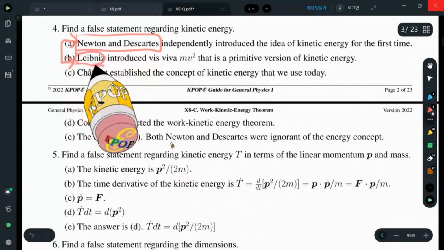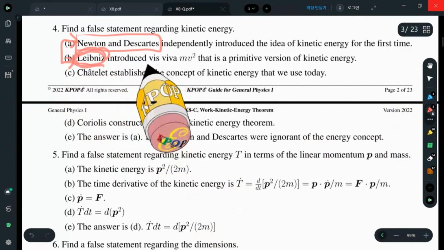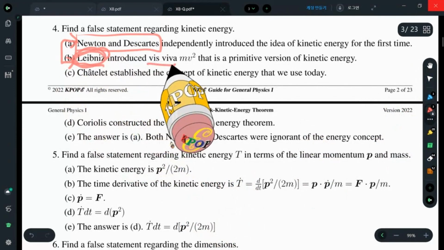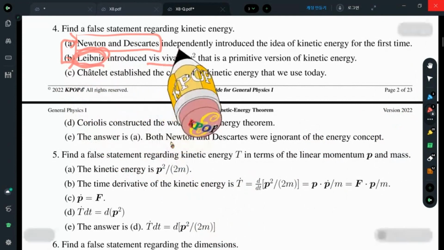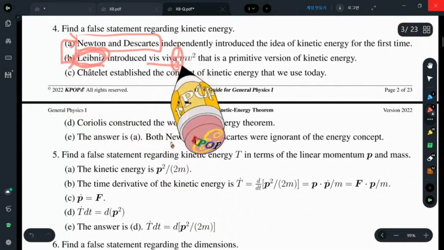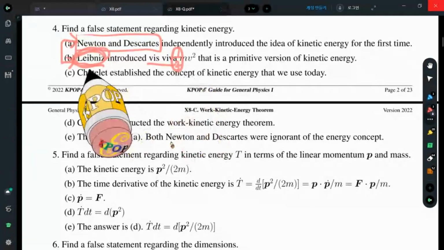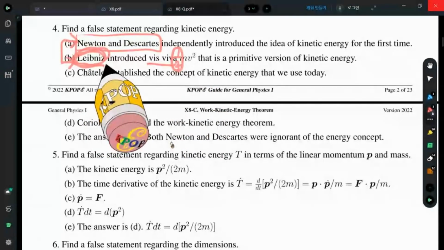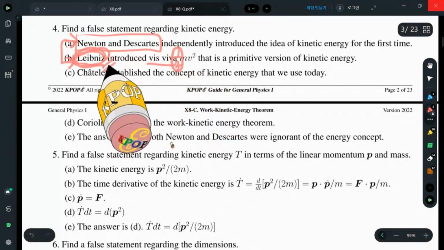But Leibniz understood energy first, and he called it vis viva. Unfortunately, Leibniz made a mistake: the 1/2 factor is missing in his kinetic energy. He did not introduce the word energy. However, the origin of energy comes from Leibniz.